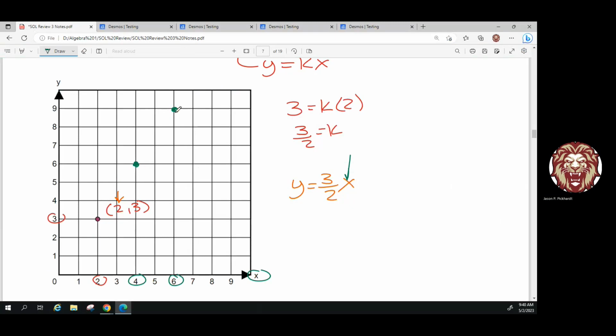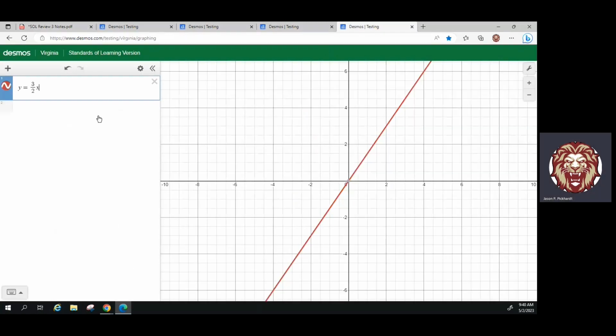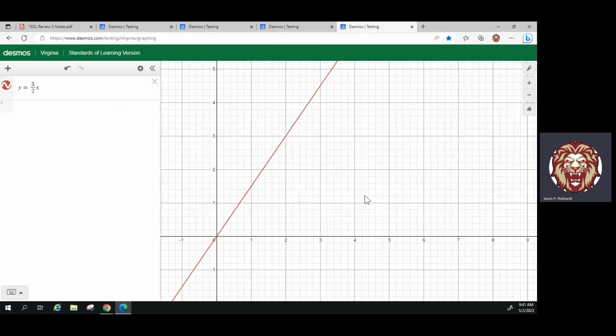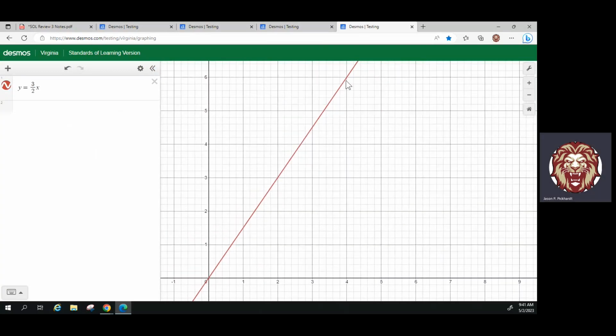The other way we could do this is we could look and see, well, I can click points on here and see if I can find one that works. So we said 4, 6, that's that point. We could just pick it off of this graph instead of plugging it in. 0, 0 would work. 2, 3 is our original point.